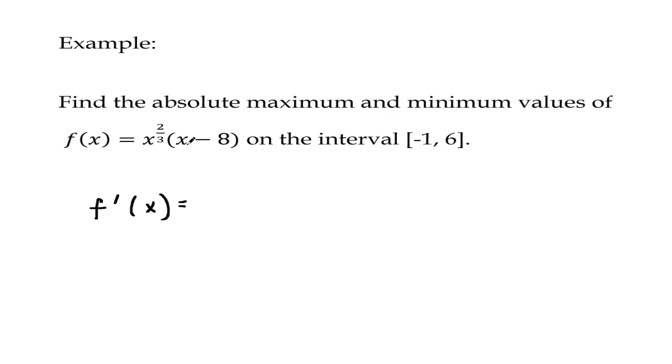Here notice that we have a product, x to the 2/3 times x minus 8. So we need to use the product rule. Take the first term, multiply by the derivative of the second, plus the second term times the derivative of the first.